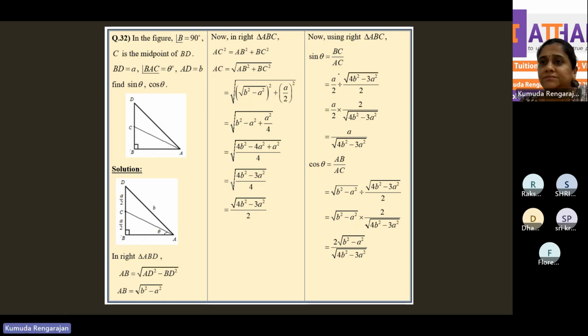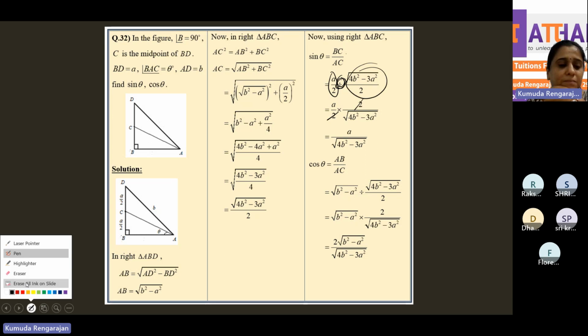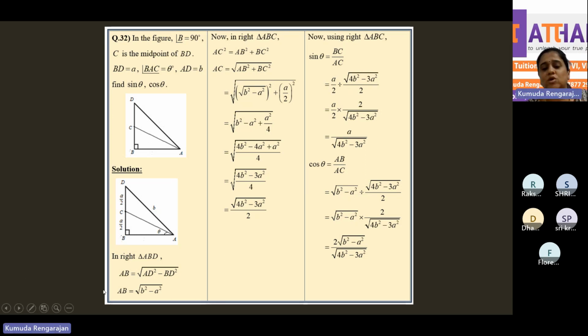Now you should fill BC and AC, find sine theta and cos theta. So you can see I've used this representation divided by. This is BC divided by AC. Then I take multiplication and reciprocal. 2 and 2 cancel, and this is sine theta. And for cos theta, yeah, you can rationalize it.